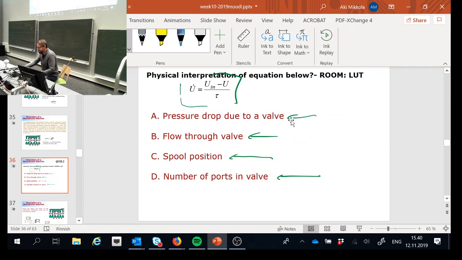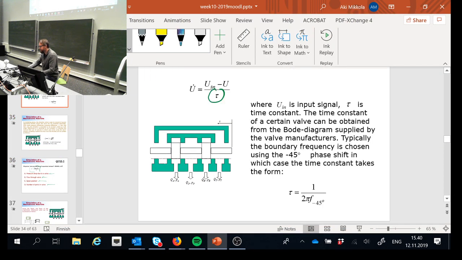Okay, so while you're thinking about that, let me look at this equation. This is an equation that defines spool position. Now we need this time constant telling how fast the spool can react to signal changes.